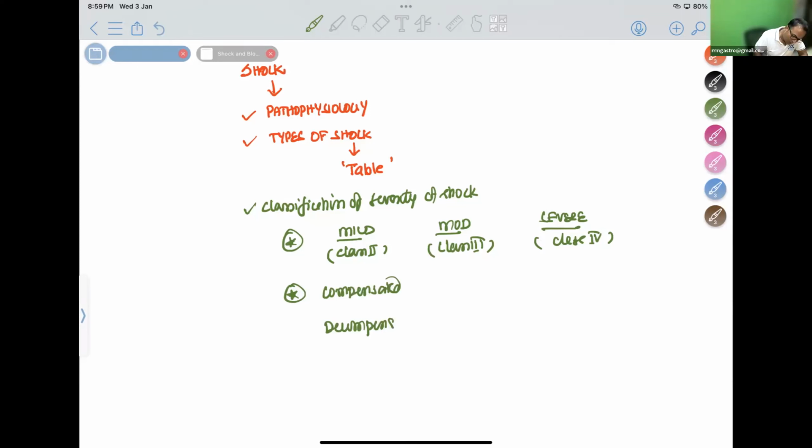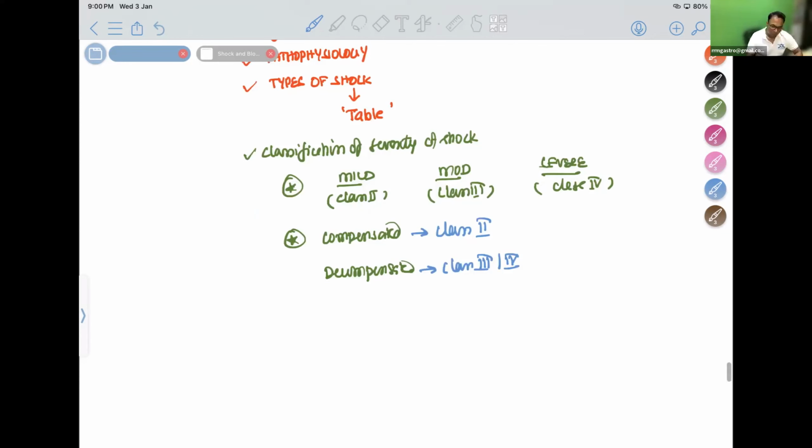Compensated shock is nothing but class 2 shock. Decompensated is class 3 and 4 shock. So this is the next heading you should mind. So pathophysiology, types of shock with the table containing BP, pulse rate, everything. Classification of severity, mild, moderate, severe. And you can write about compensated, decompensated shock.